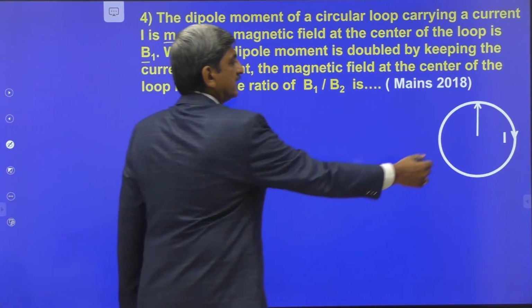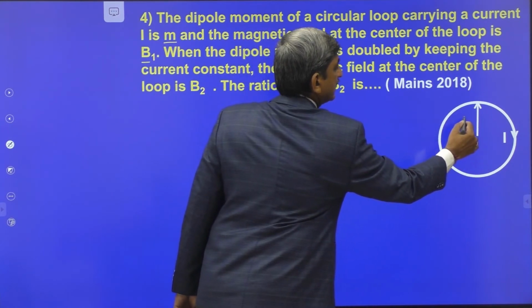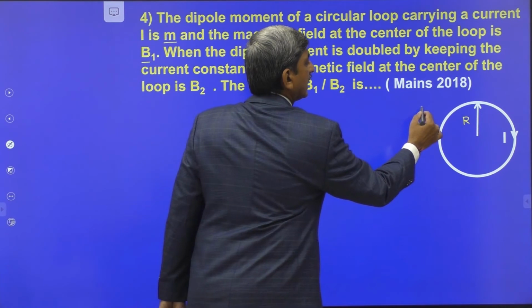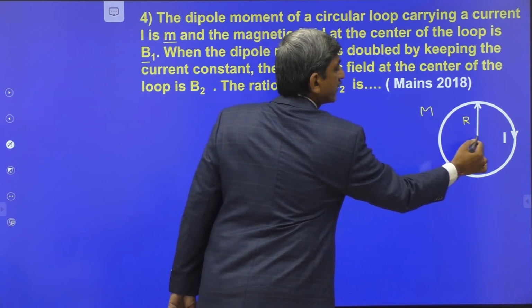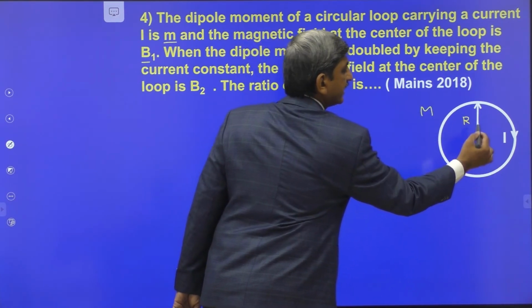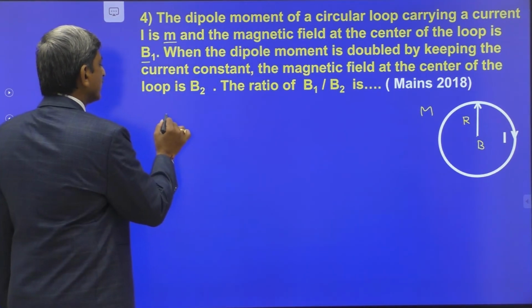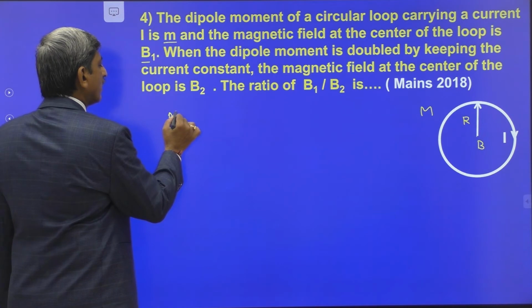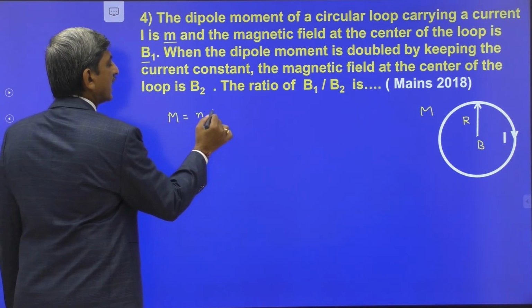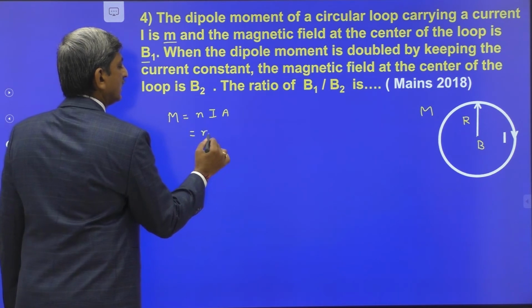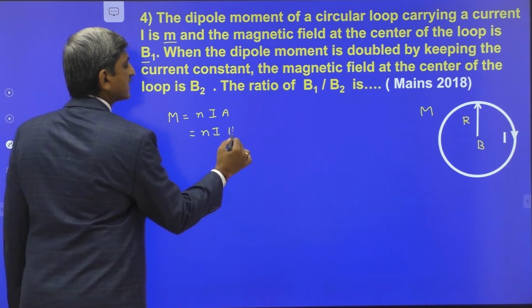See here, a circular coil is given for us. Let R be the radius of the circular coil, M the magnetic moment of the coil, and B the magnetic induction of the coil. Already we know that the magnetic moment of the coil M is equal to NIA, which is equal to NI pi r square.